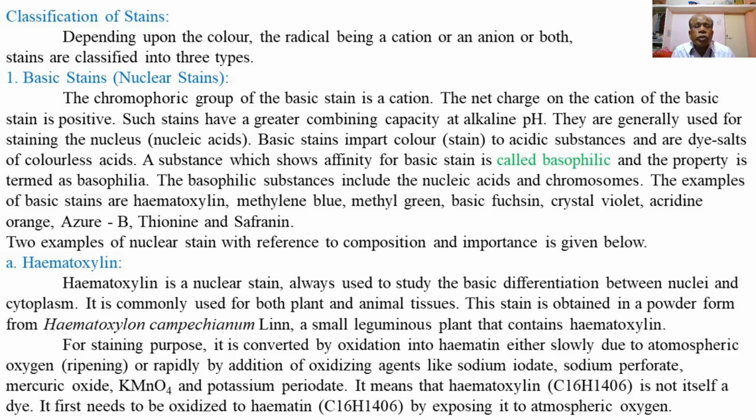It gives its color to the nuclear material, may be chromatin material, chromosomes, or the nucleic acids. It is commonly used for the staining of both plant and animal tissues.